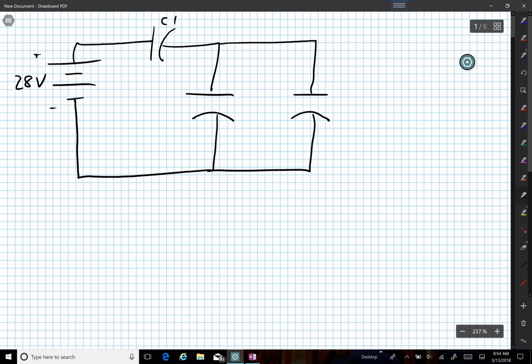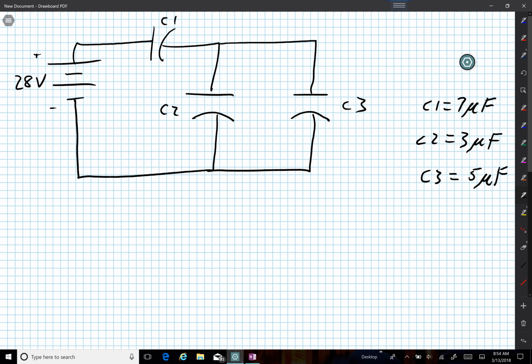Let's call this C1, C2, C3, and let's say C1 is 7 microfarads, C2 is 3 microfarads, and C3 is 5 microfarads.